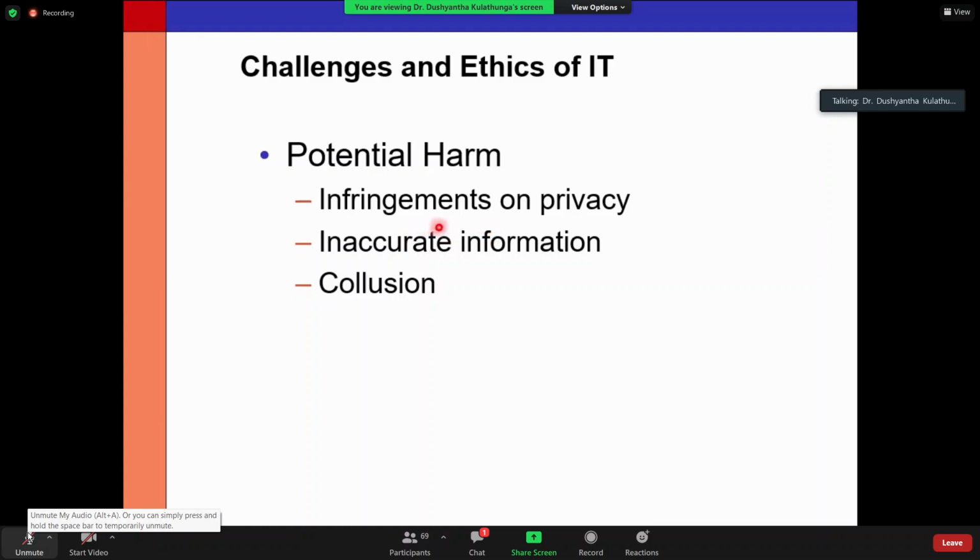Again, if you have not updated certain data in a periodic manner, which you have to update, then again your databases contain inaccurate information.